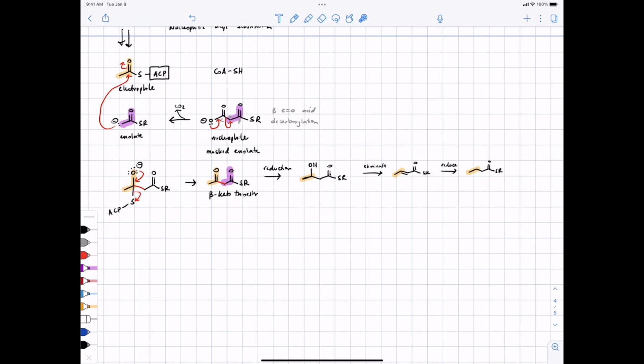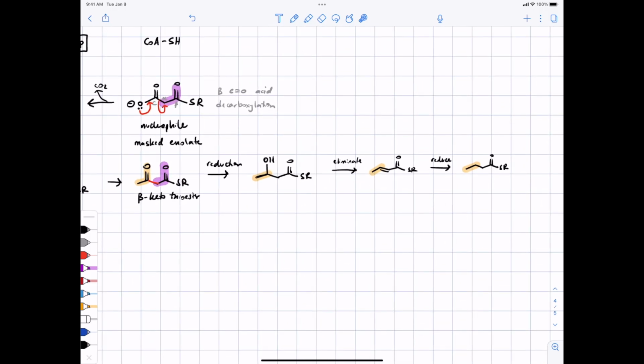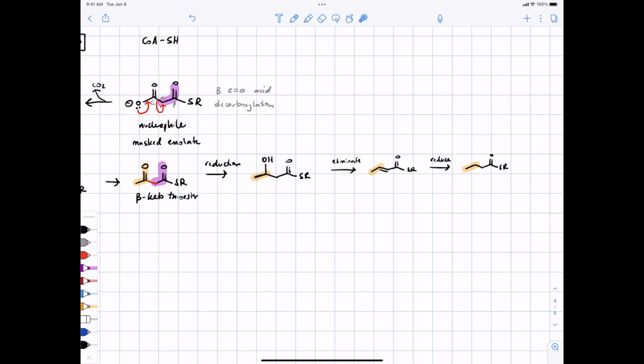And most fatty acids that are in animal types of fats and oils are in the range of 16 to 18 carbons long. So a single fatty acid chain contains 7 or 8 or 9 individual units of acetyl-CoA.